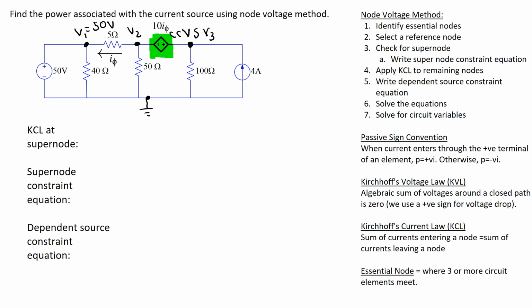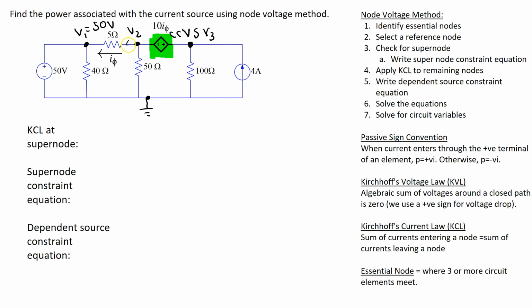So this means we do not need to apply Kirchhoff current law at node V1. So this leaves node V2 and V3, and these nodes along with the dependent source form a supernode.